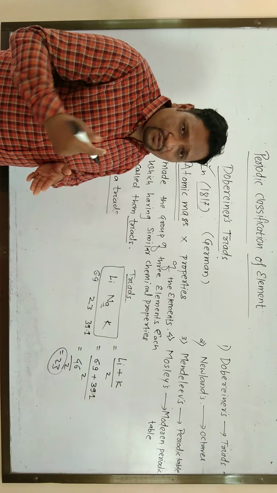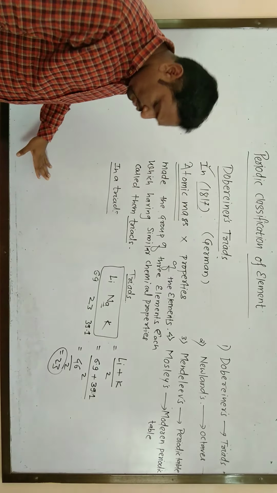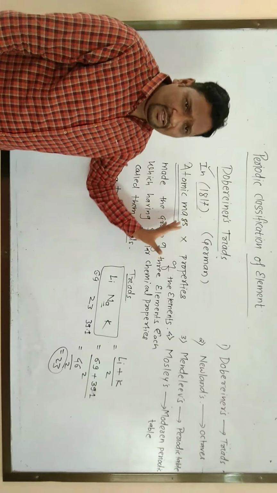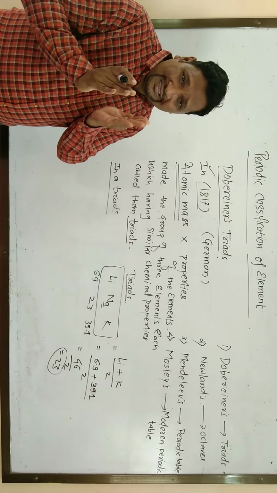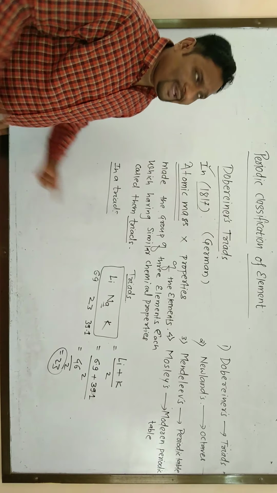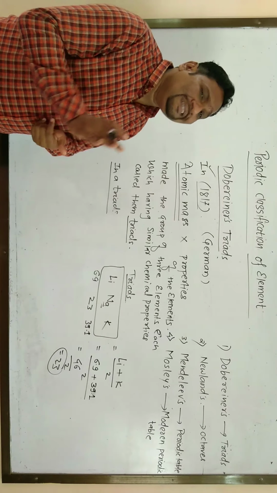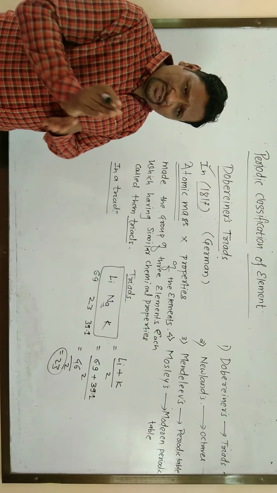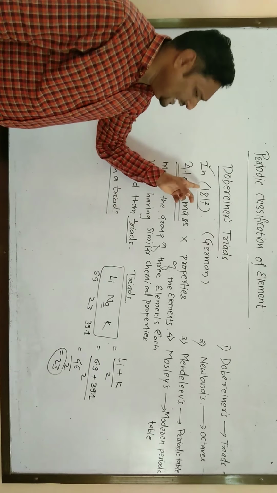Okay, so for revision, I am telling you again. Döbereiner's triad was the classification system given by Johann Wolfgang Döbereiner. He was a German scientist and put forth the classification system in 1817.